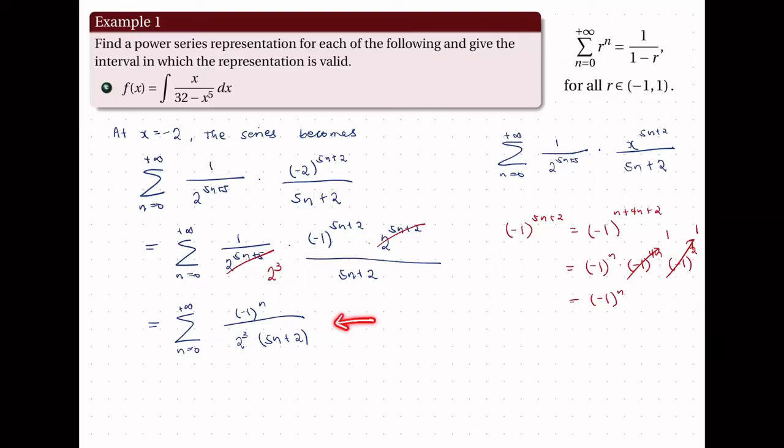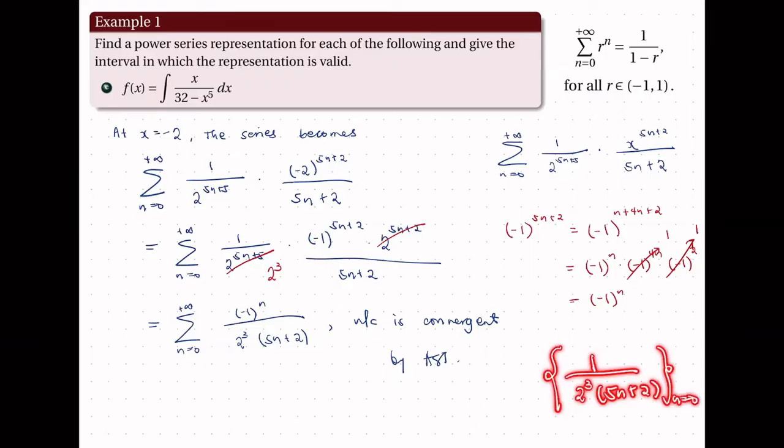And by alternating series test, we know that this is convergent by AST, right? Bakit? Since the sequence 1 over 2 cubed times 5n plus 2, from n equals 0 to positive infinity, this is ultimately decreasing.